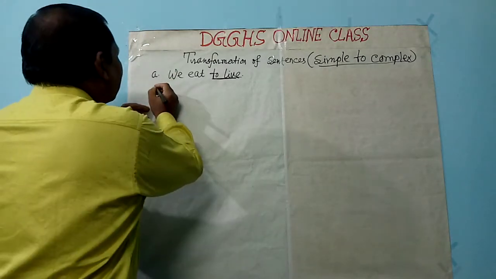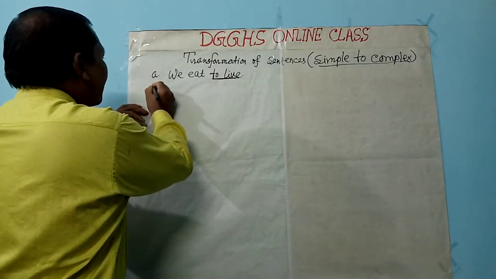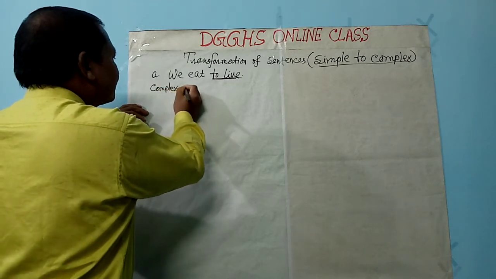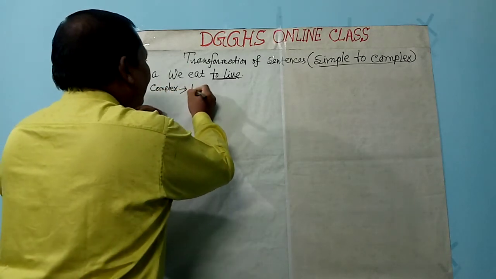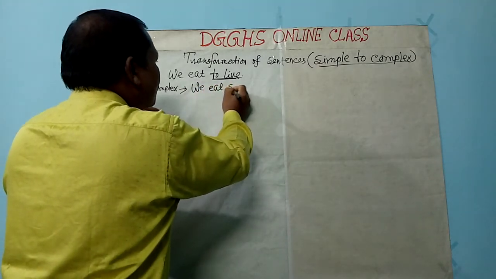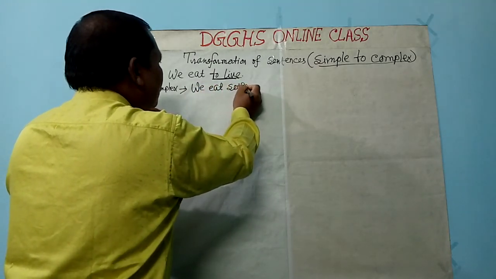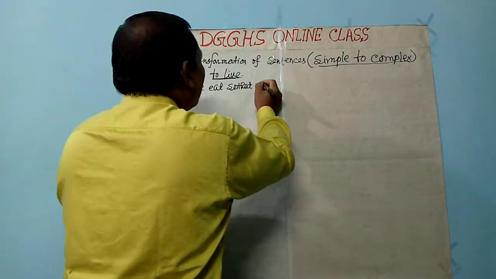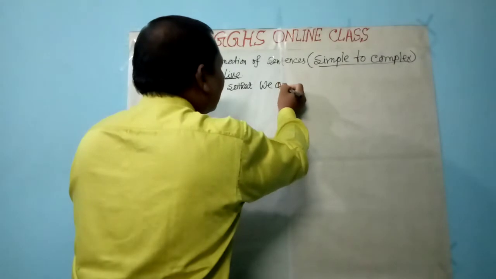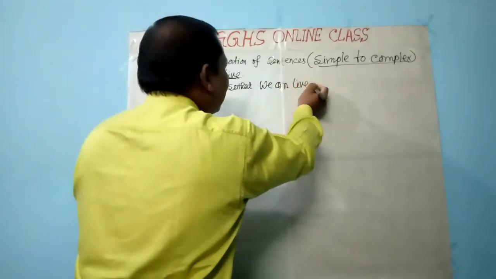So what will it be? Complex: we eat so that we can live.